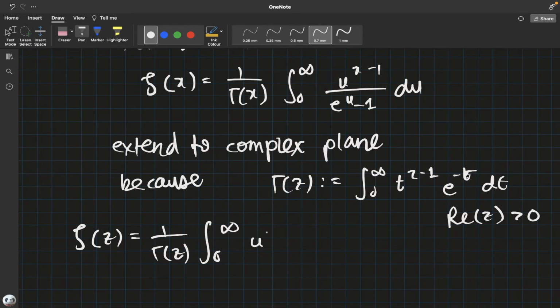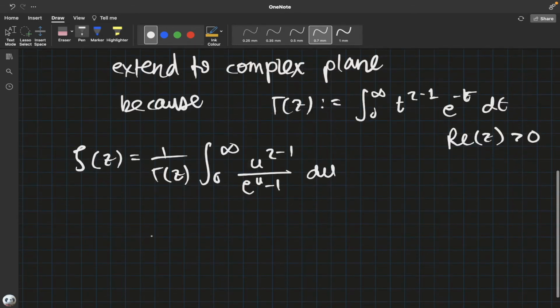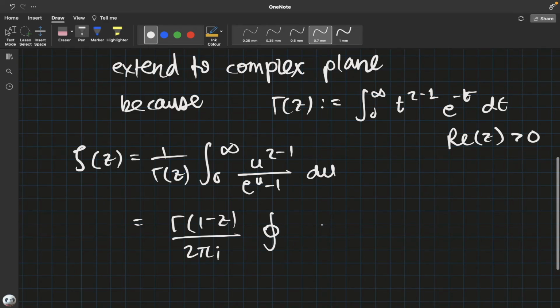So u to the z minus 1 over e to the u minus 1 du, which I can sort of complexify, use the reflection formula a little bit, and have a contour integral setup, with e to the minus u minus 1 du.